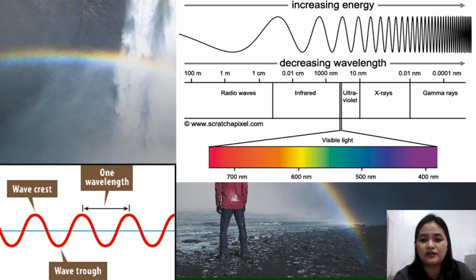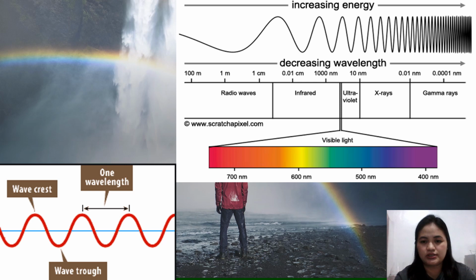One of them is the visible light, which is made up of these rainbow colors. Nagets nyo? Sa electromagnetic spectrum, isa sa kanila si visible light. At si visible light, binubuo siya ng rainbow colors. From red to violet.